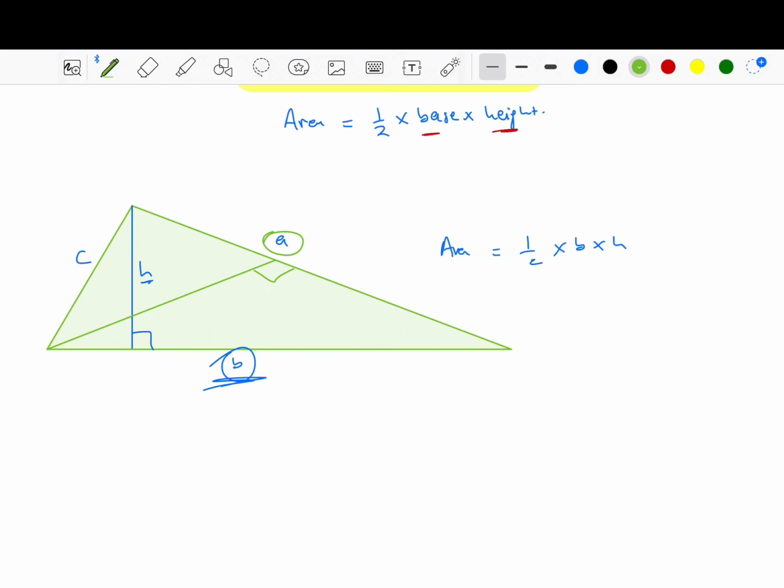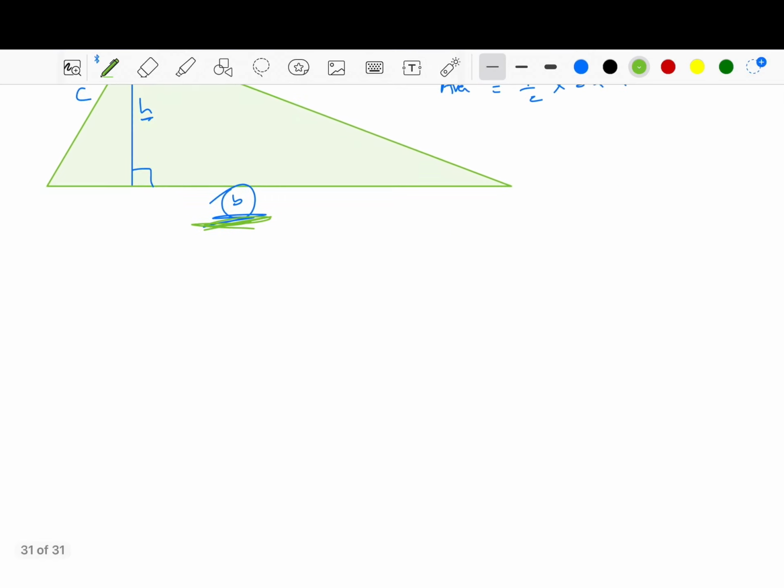That doesn't look like a perpendicular line really, unless you can prove it. If you cannot prove it, you don't have to do that. In this case, I will say B is a good base because it is perpendicular to H.